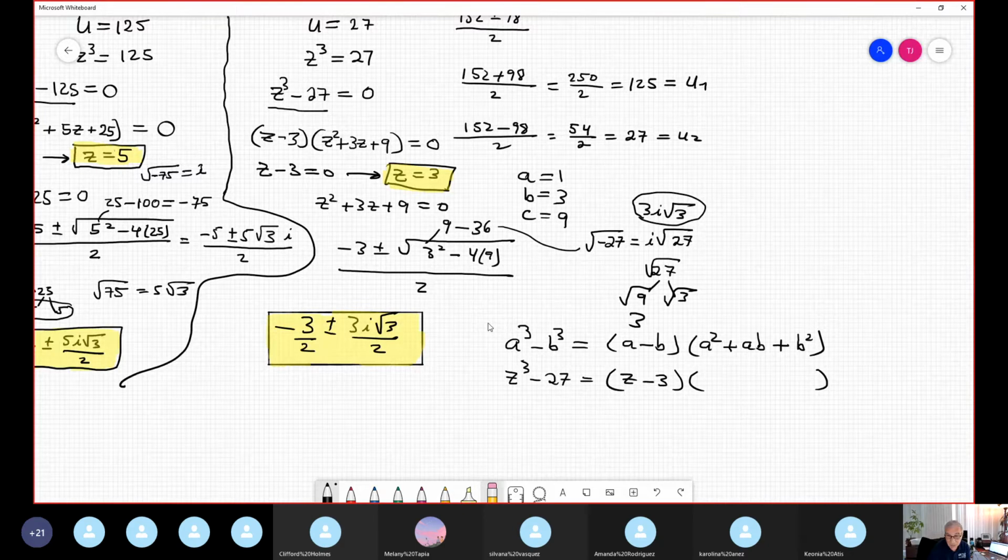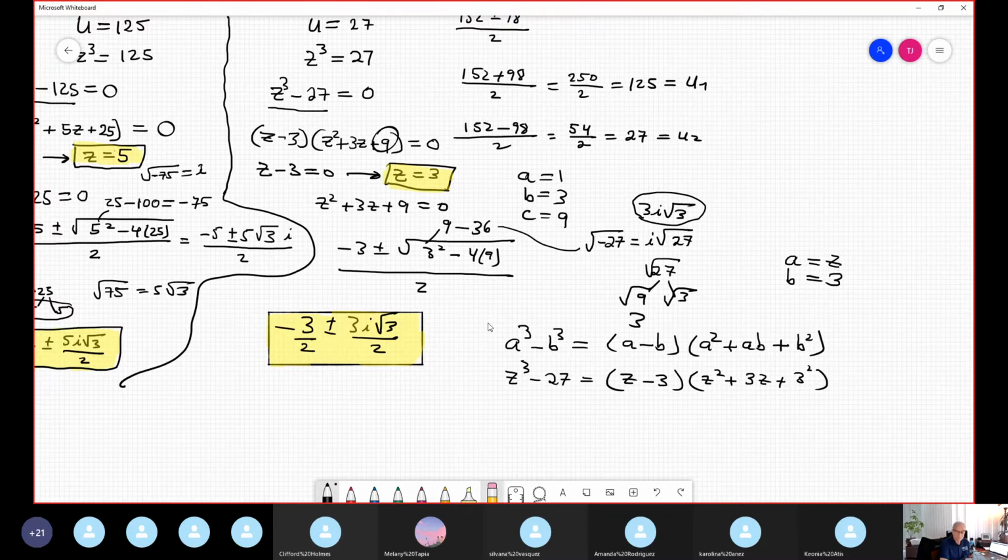In our example, a is c, and b is 3. And a squared is c squared. Plus a times b, multiplied together. You put c3 or 3c, much better 3c. Plus b squared is 3 squared. And what is 3 squared? It's 9. Look at that. Boom. Clear?